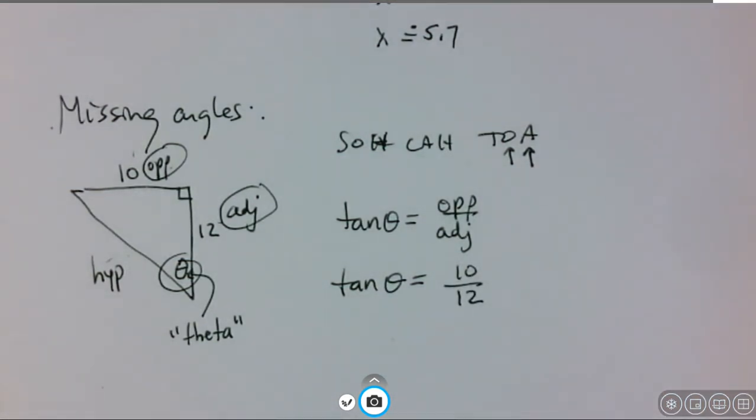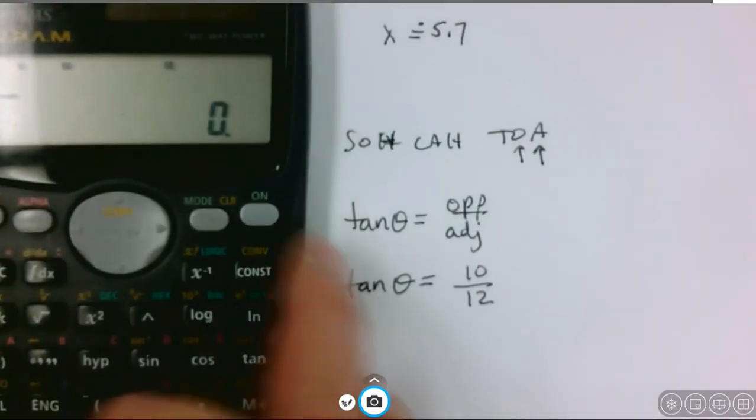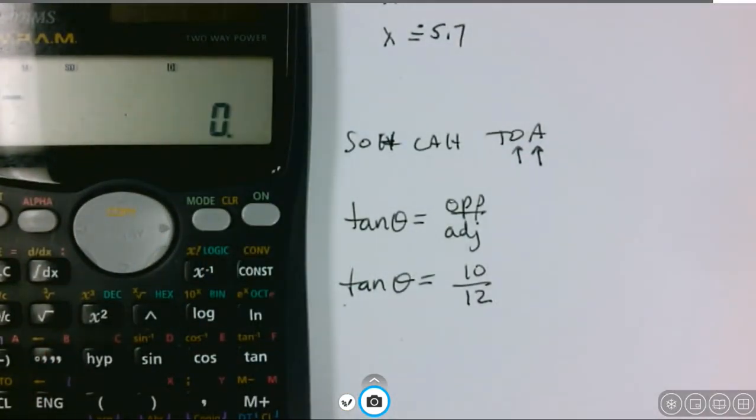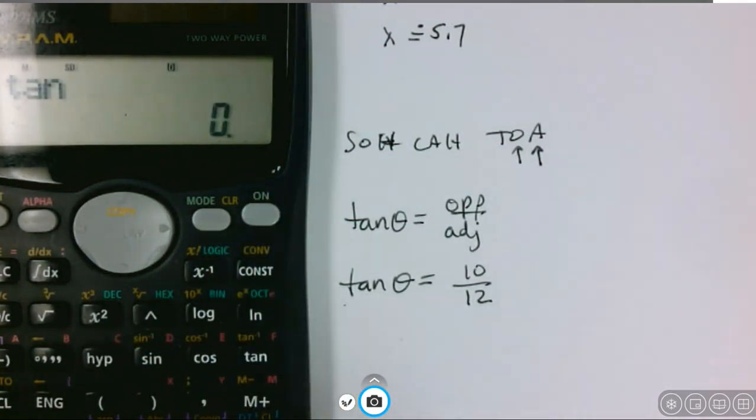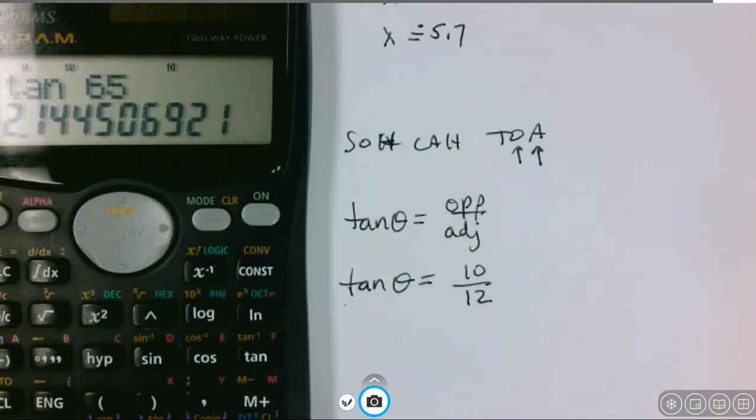Now, cross multiplying doesn't make any sense here because tan is an action that's happening to this angle. We call it a function, something that happens to this angle. Tan of an angle is a calculator function that happens on the angle, say 65, and gives you a number.